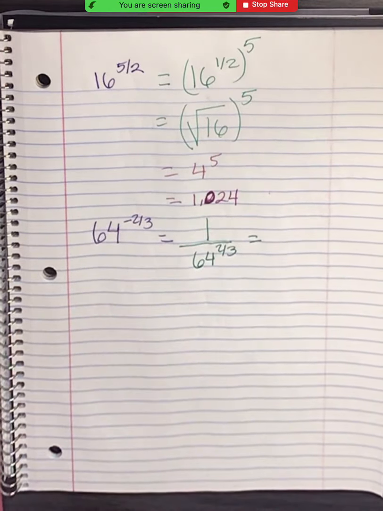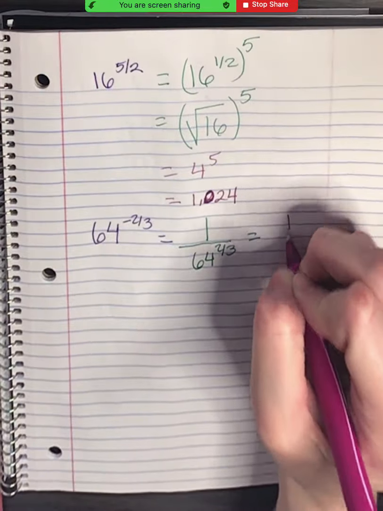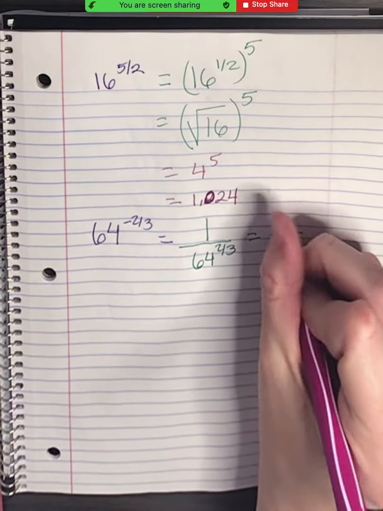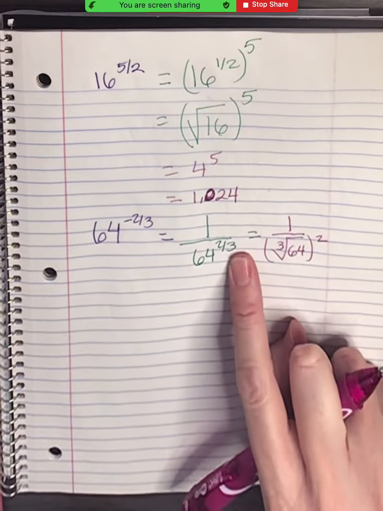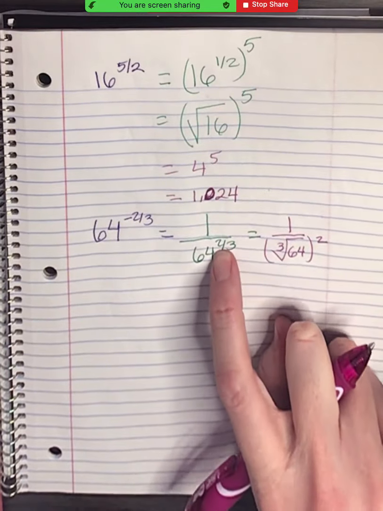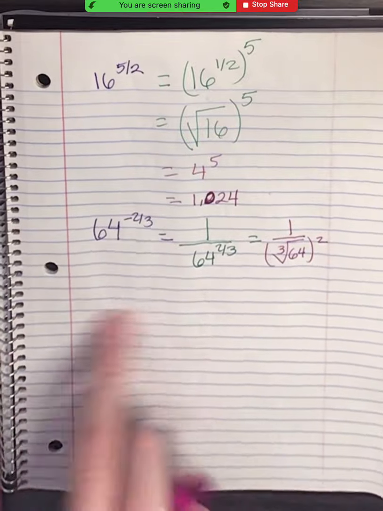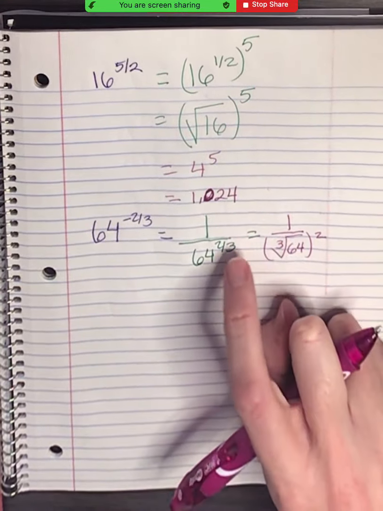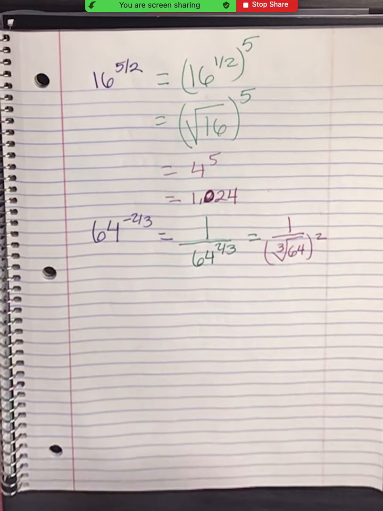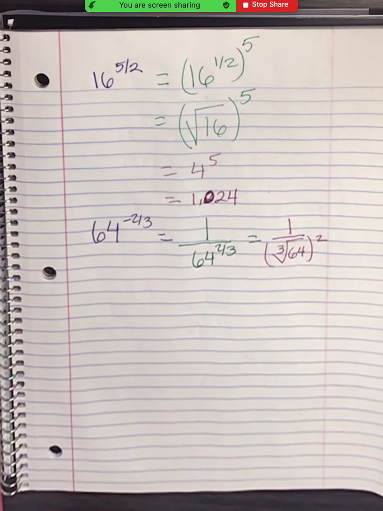Okay, which you can. So I'm going to write that as 1 over the 3rd root of 64 squared. So the denominator is the index, the numerator is the power. Okay? All right.